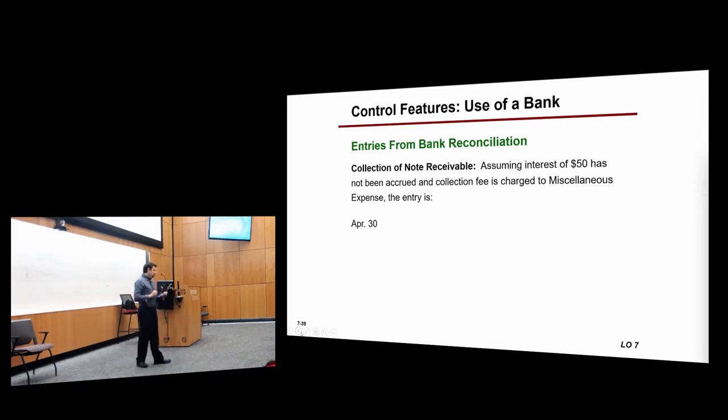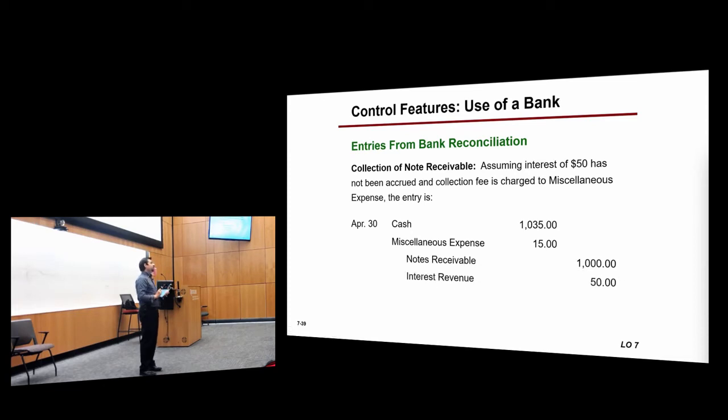So collection of note receivable, this is what we just said. The company basically will make an adjustment to recognize the collection of the note. They received cash. How much? Net it was 1,035. That was for the note receivable of 1,000. And then you had interest revenue 50.